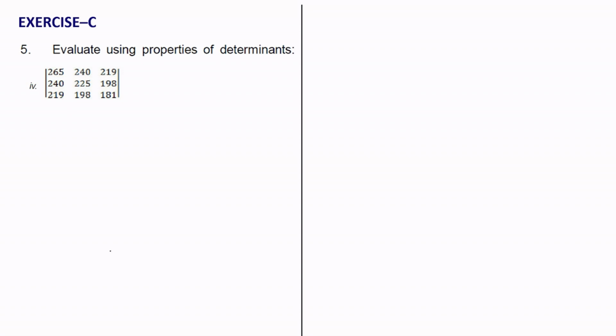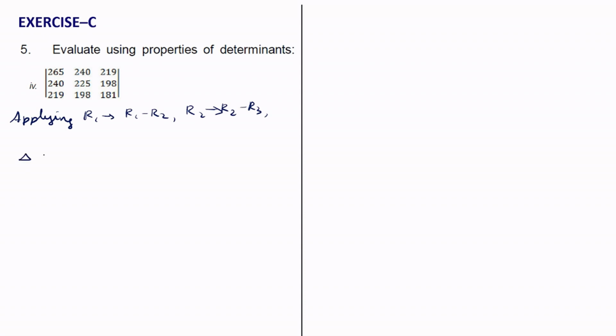Fourth one, determinant of 265, 240, 219, 240, 225, 198, 219, 198, 181. So here let us apply R1 changing to R1 minus R2 and R2 changing to R2 minus R3.